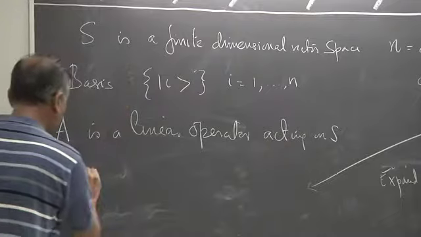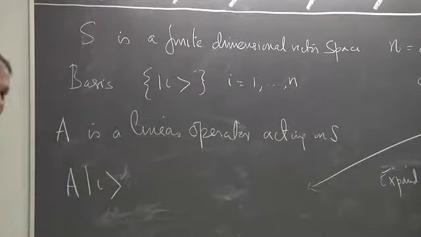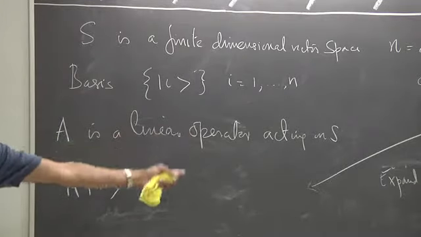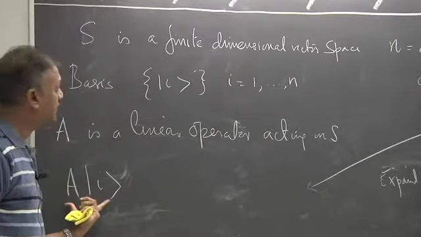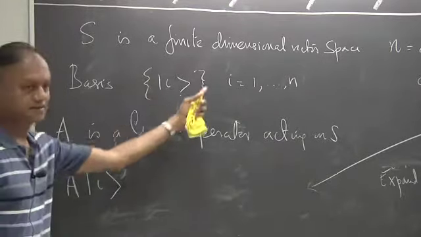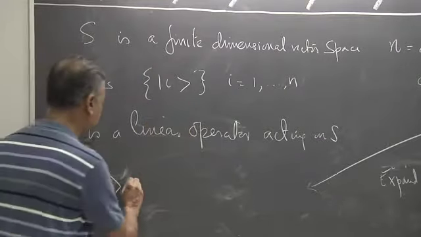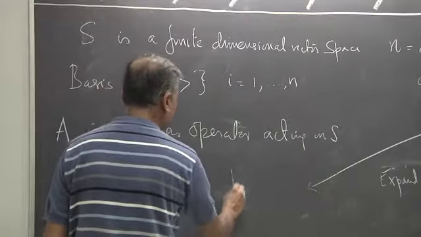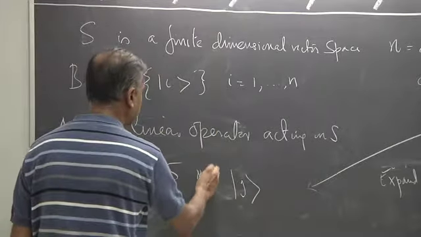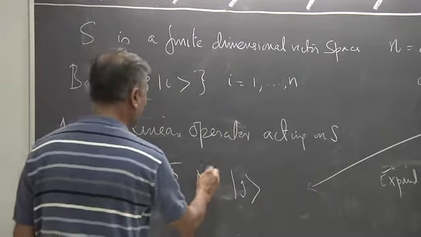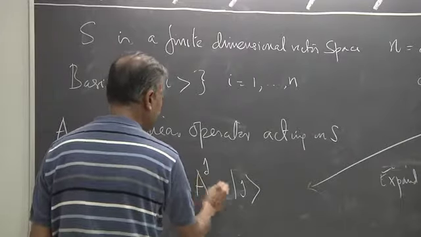So in particular, let's look at A acting on I. I is, of course, one of the vectors of S. So just apply. This again will be some vector of S, and therefore I should be able to expand it in this basis. So this should be some linear combination of all these basis vectors, and I call these coefficients A, J, again the same thing, Ji.